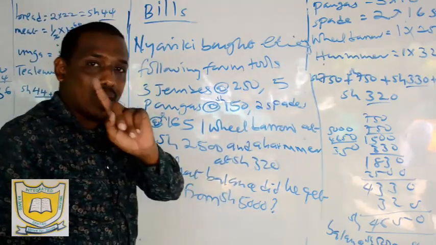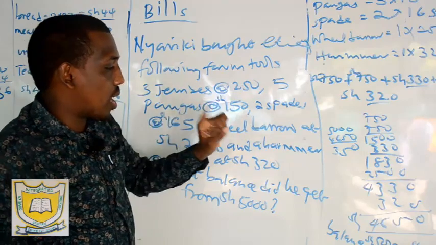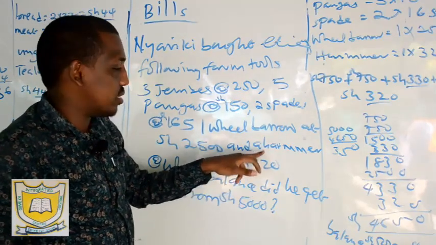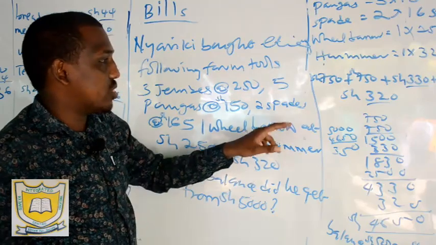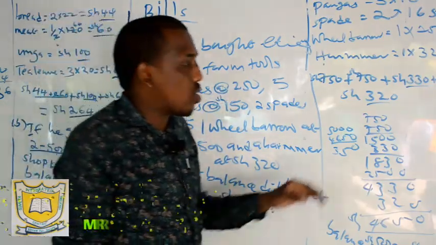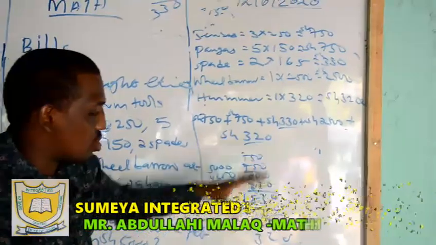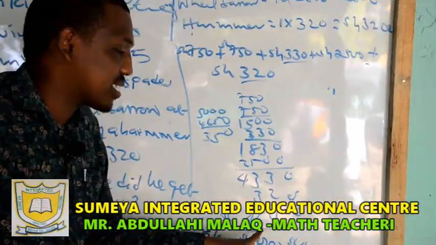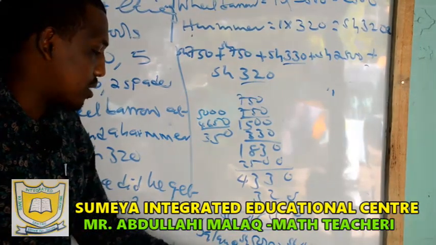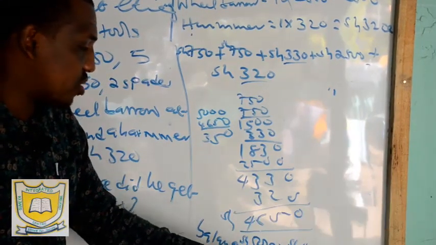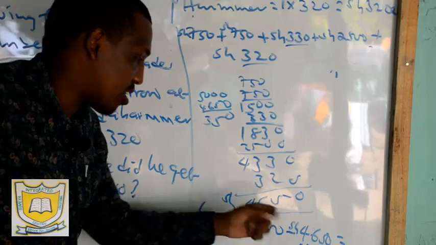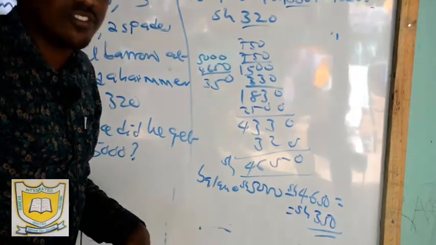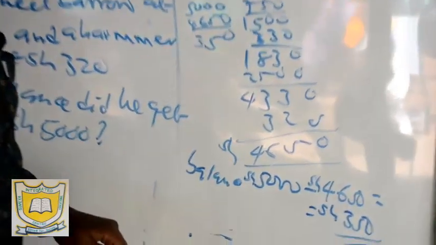And a hammer at shillings 320. 320 times 1, you will get 320. Then you add all of them, and you will get a total of shillings 4,650. What balance will he get if he gave the shopkeeper shillings 5,000? 5,000 minus 4,650. So that was question A.